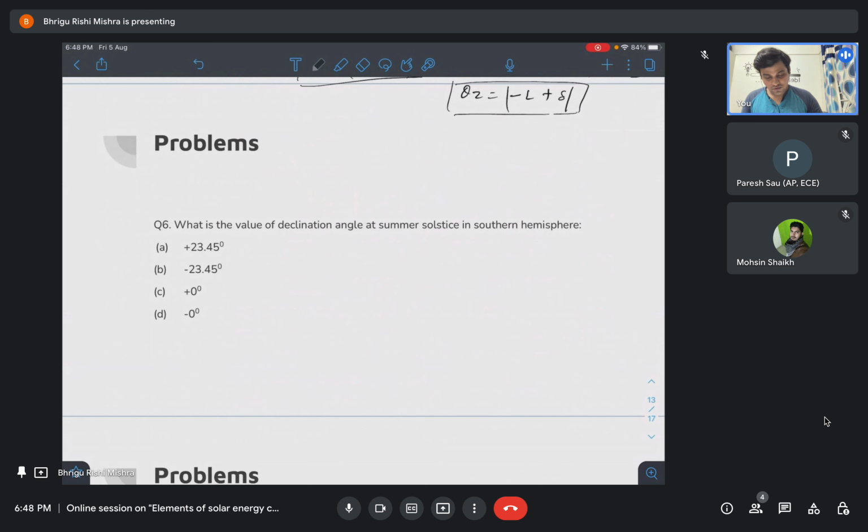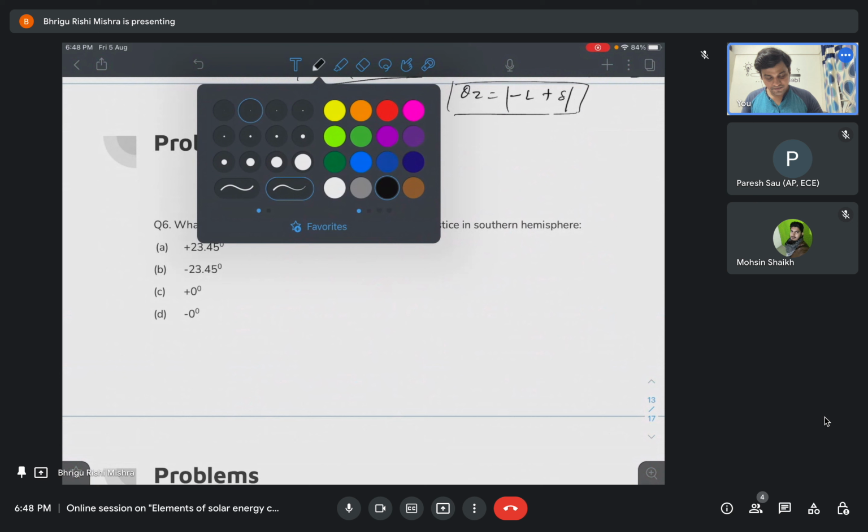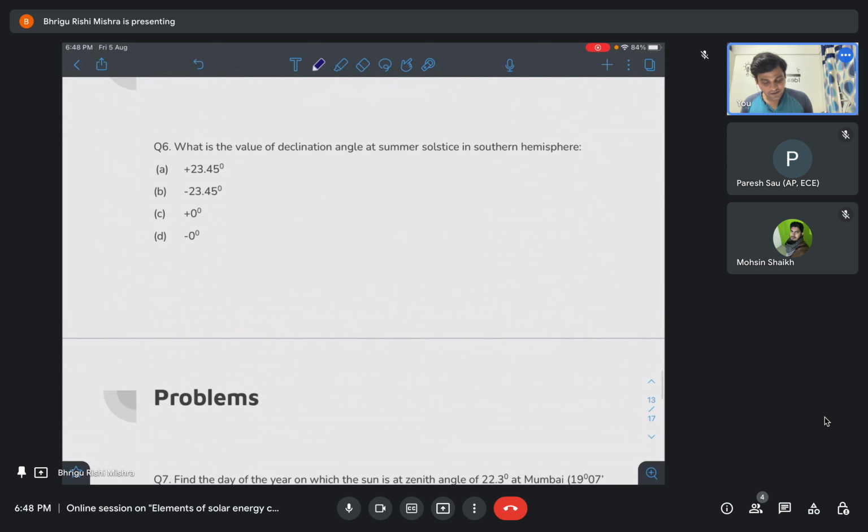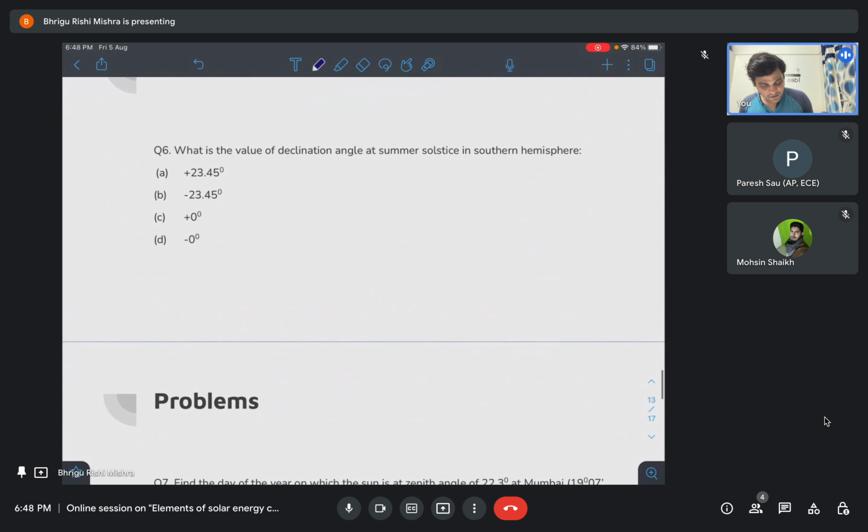What is the value of declination angle at summer solstice in southern hemisphere? I can explain it. Now I can simply draw a 2D figure.